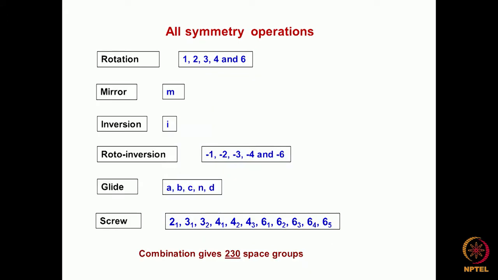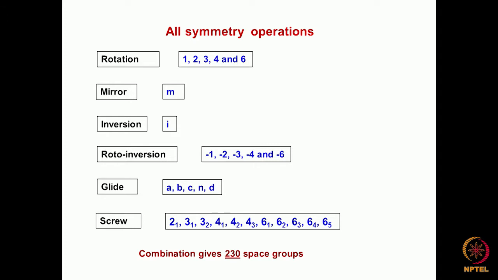Now if we look at what symmetry operations we can have in a 3-dimensional lattice: one, rotation symmetry; we can have a mirror symmetry; all the rotations; inversion; we have a roto-inversion.